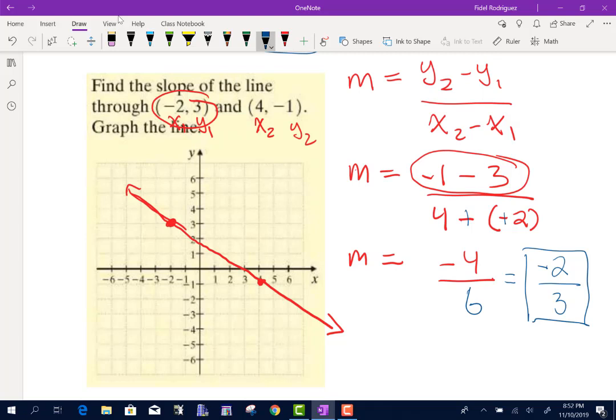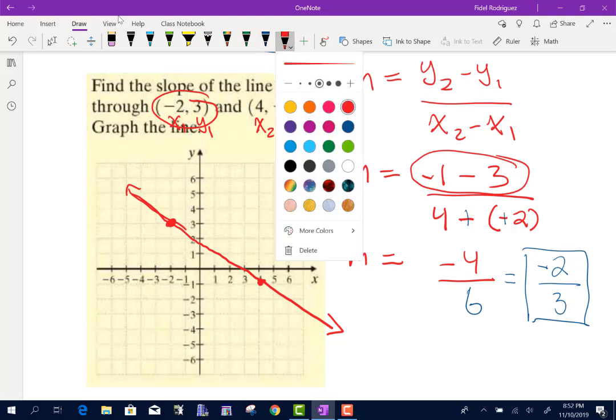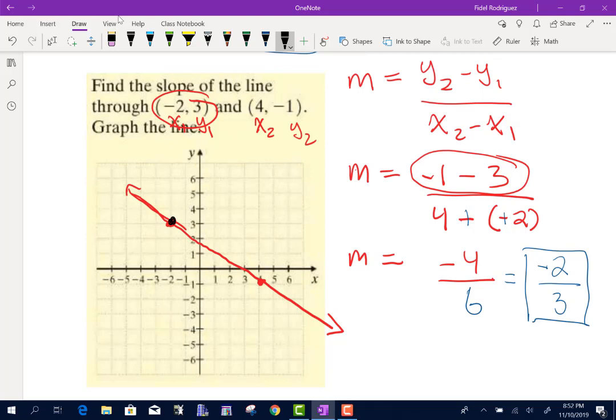So what the slope tells me is if I know 1 point already on my line, so suppose I was thinking about, say, this point right here, which was the first one we plotted. If I want to find another point on my line, I'm going to use that -2 and that +3. The -2 tells me in the y direction, go down 2 spaces, and the reason I'm going down is because it's a -2.